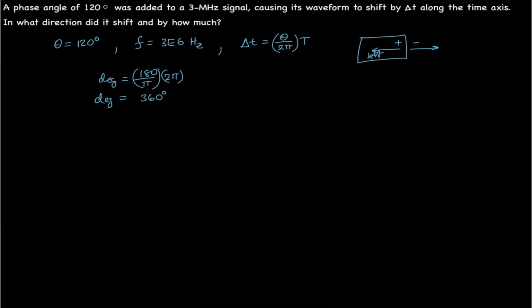So we can then go ahead and calculate the amount of shift. That is 120 degrees over 360, so that's 1 over 3.